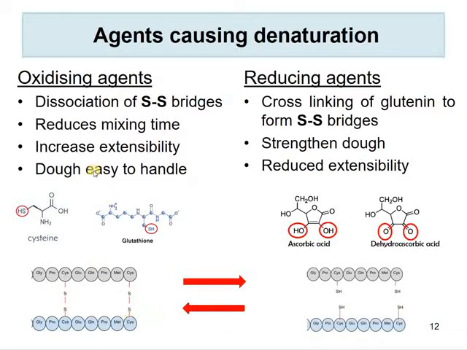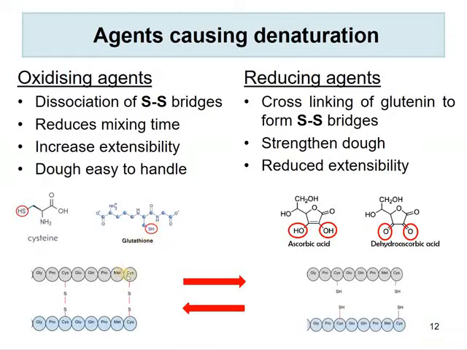Oxidizing agents are agents that undergo reduction. What these agents do is that they help to dissociate the disulfide linkages. So it breaks down the disulfide bridges, okay? And some of those agents are cysteine and glutathione. What actually works there is the sulfhydryl group on cysteine and the sulfhydryl group on glutathione.